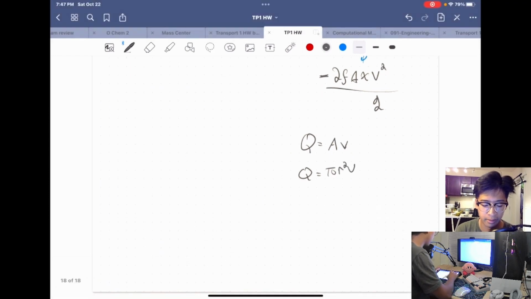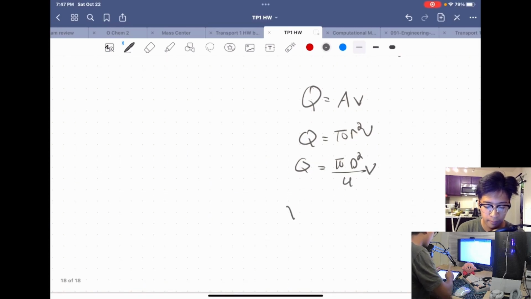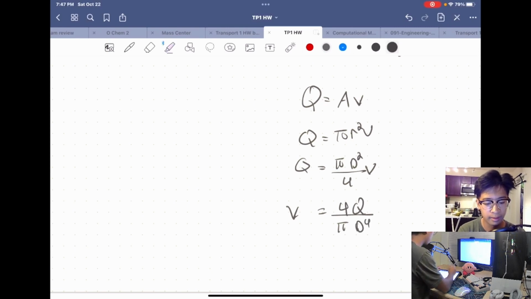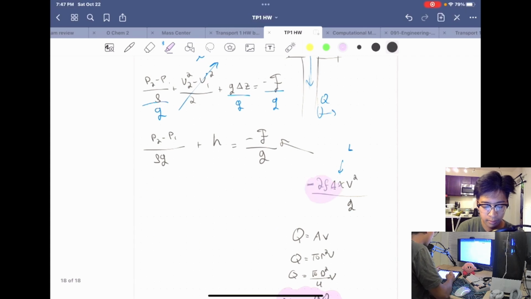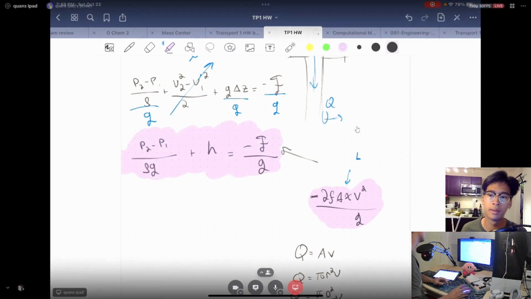We would like to represent it in diameter because that's usually how these equations go, and this turns into pi d squared over 4 v. Isolate for v, we get v equals 4 flow rate over pi d squared. Okay, so these are going to be our equations of interest for our Python code, okay? And we'll move into it as such.